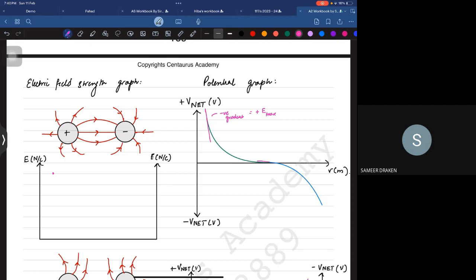At this point, you have again a negative gradient, but it's quite small. So this will translate into the positive minimum electric field strength. So it will be somewhere here. And then at the last point, it is also a negative gradient, but then it has a positive maximum value. So it will come back to this. So this will translate into something like that.